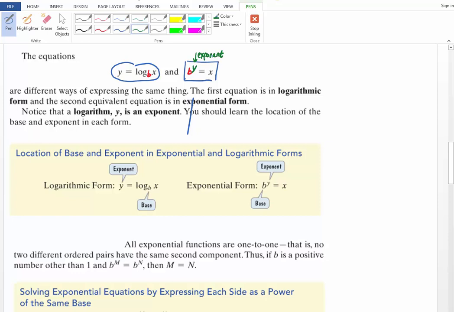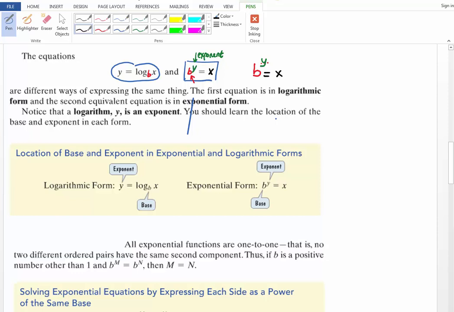So y is the exponent I must raise the base b to in order to get x, this quantity x. So let me say that again. y is the exponent that I must place on the base b in order to have x.